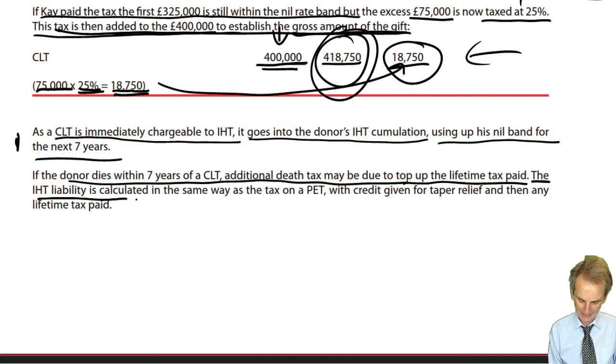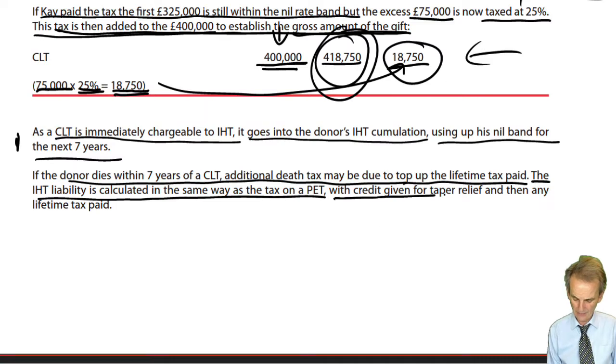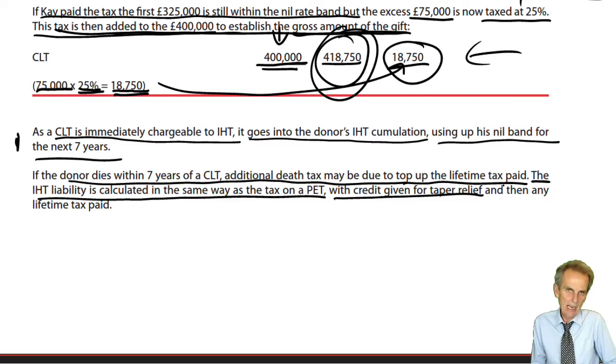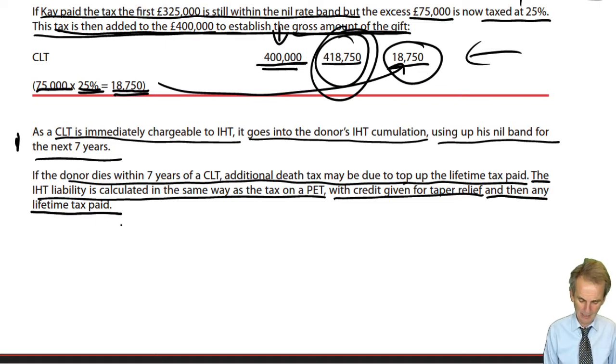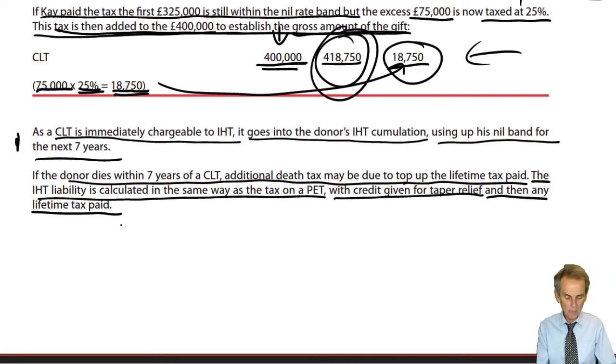The IHT liability is calculated in the same way as the tax is on a PET, with credit given for taper relief, as it would be with a PET, i.e. the CLT or the PET is within 7 years of the death of the taxpayer, but is more than 3 years from the date of the transfer. But of course, unlike with PETs where there was no lifetime tax that was paid, here with CLTs there may be, and therefore any lifetime tax paid is also deducted, the basis of which we'll see in a moment.